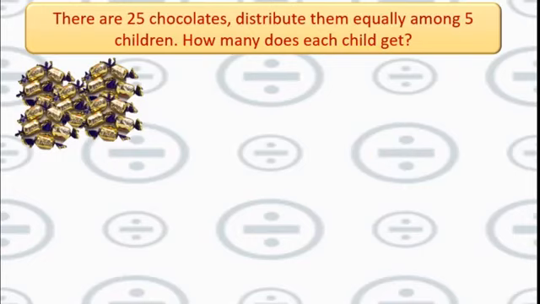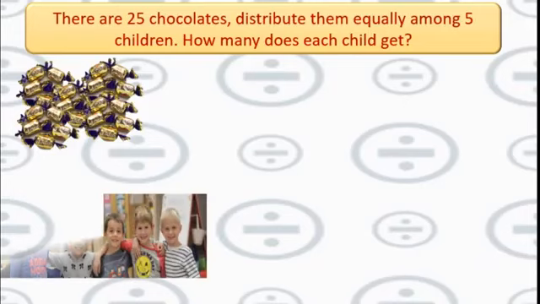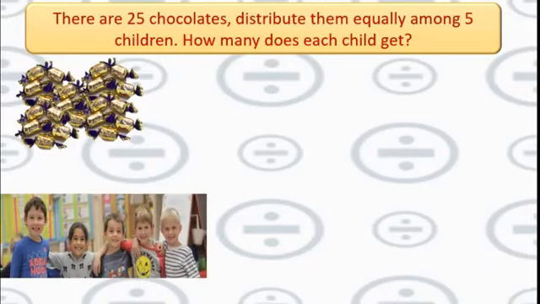There are 25 chocolates. Very favorite one, isn't it? Distribute them equally among 5 children. How many does each child get? Here 25 chocolates are there and we have to distribute these 25 chocolates among these 5 students.